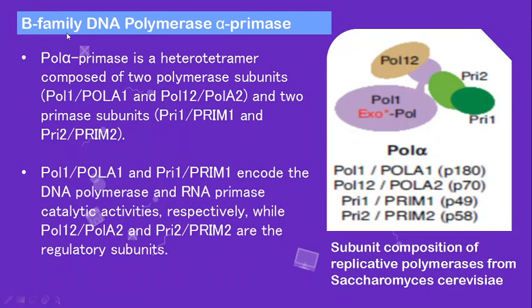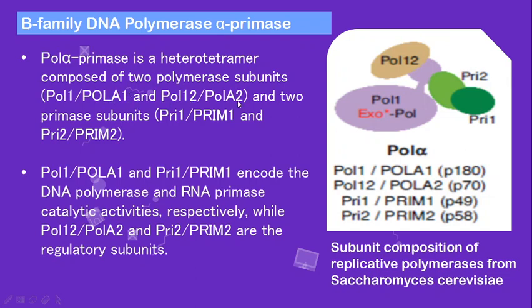This B family DNA polymerase alpha primase is also called DNA polymerase 1. Polymerase alpha primase has intact primase activity, and it is a heterotetramer, a tetramer unit consisting of 4 subunits composed of 2 polymerase subunits, that is POL1 and POL12.